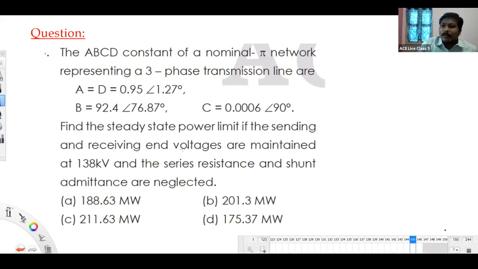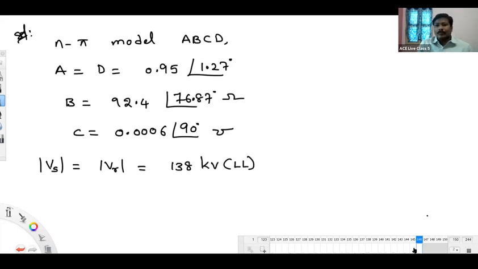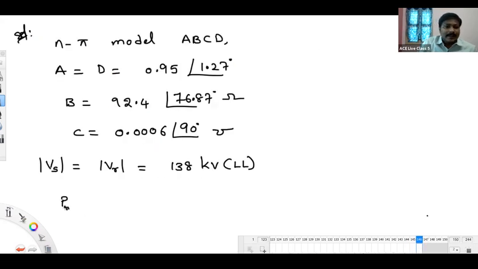Next, look here. Sending end and receiving end voltages are maintained at 138 kV, means sending end voltage magnitude and receiving end voltage magnitude are both equal to 138 kV line to line. And he's asking to find the steady state power limit, means the value of P maximum.